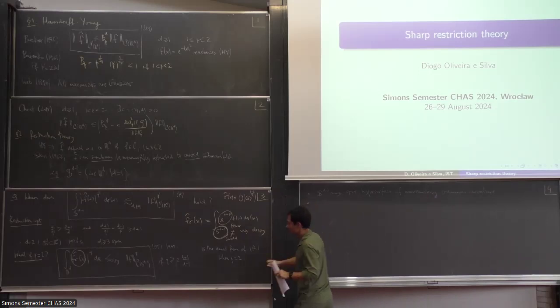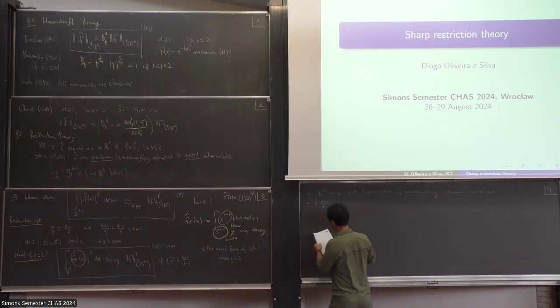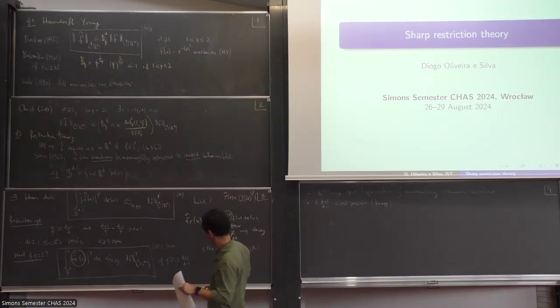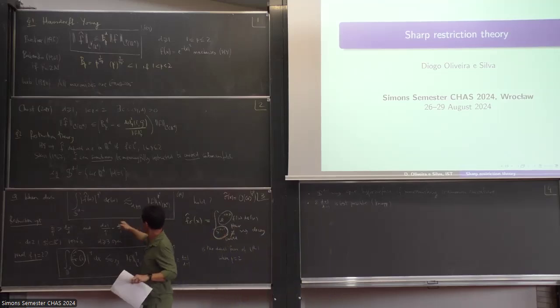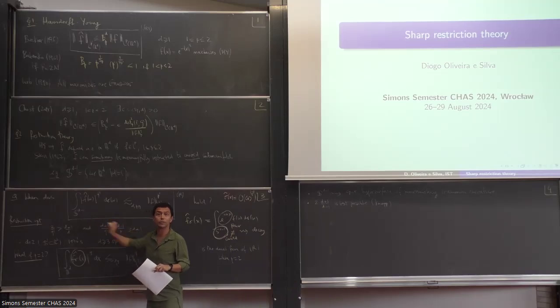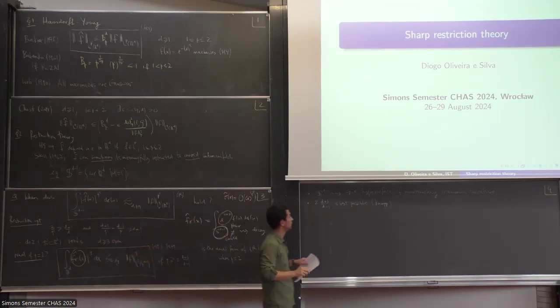Second comment is that this exponent is best possible. Okay, so 2 plus 1 over d minus 1 is best possible. This is an example of the map, which is actually the same example that tells you that this condition is necessary for the restriction inequality to hold.